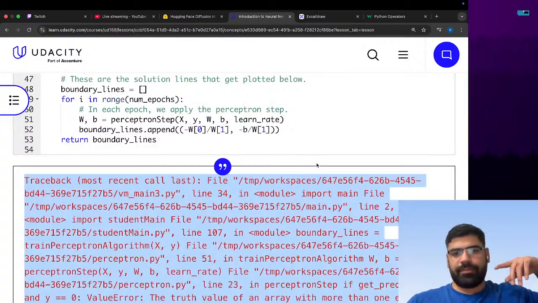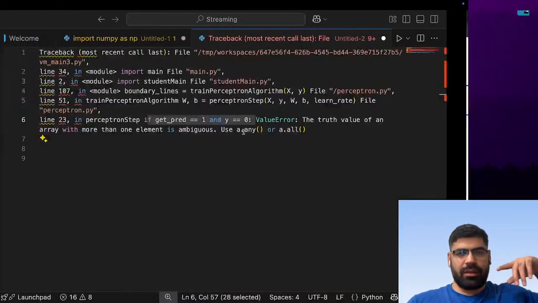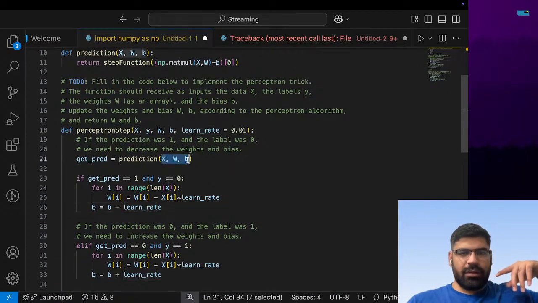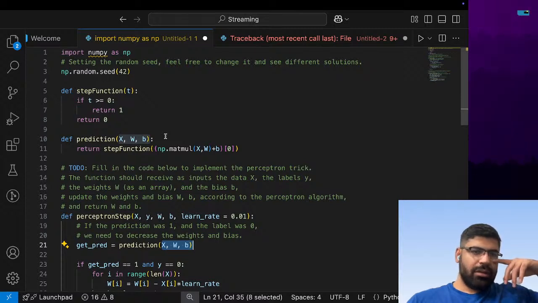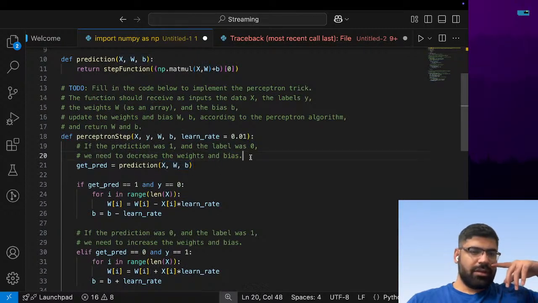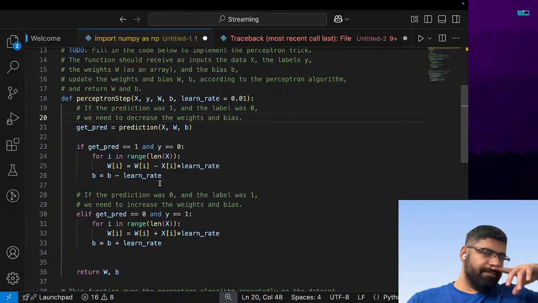Oh, I see, I see, I see. So what is going on is, if I just run this one, it's sending me multiple values, not just one or zero. Hmm.